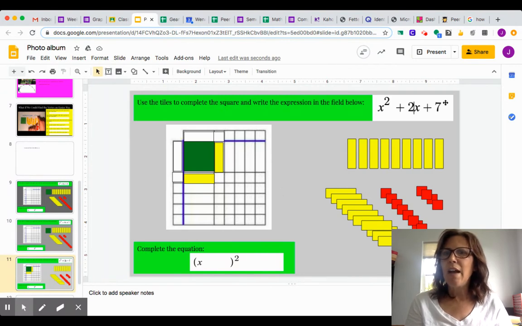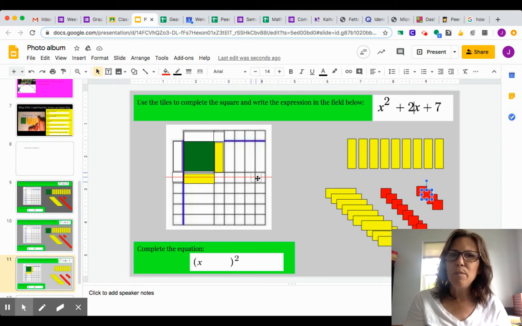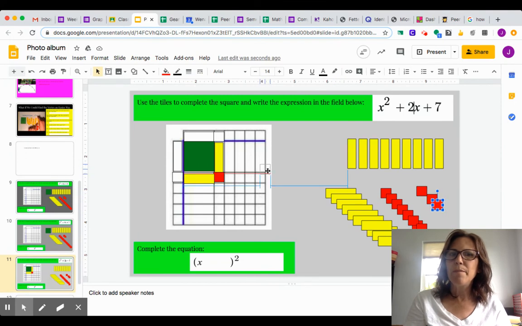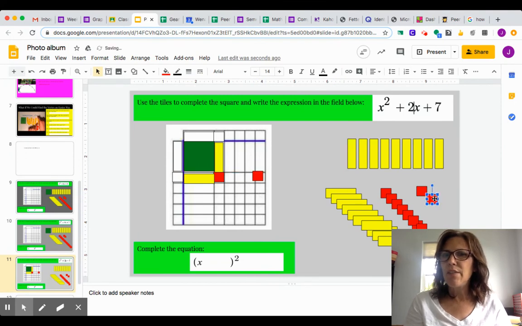So here I have plus 7. So I have 7 1-by-1 tiles. Well, if I start moving them, I'm going to move one over here. And just from that one tile, I have a square. I have completed the square essentially, but I still have to continue to put these 7 tiles here.